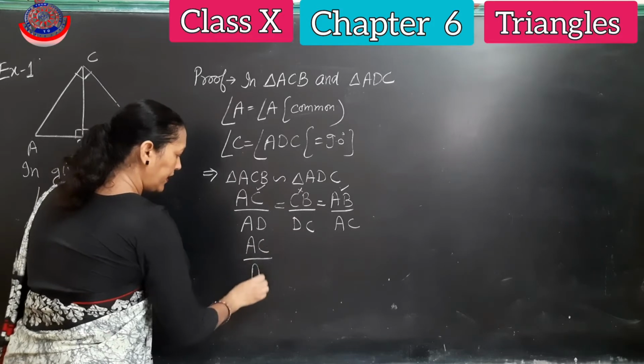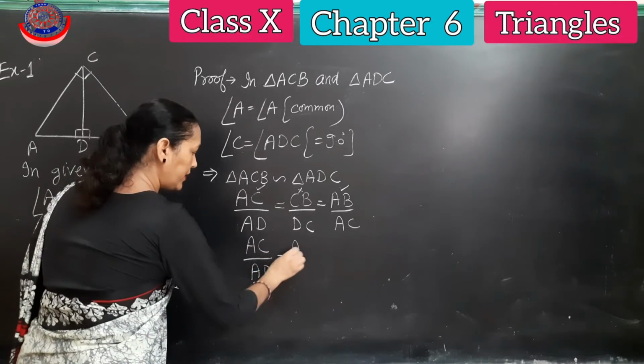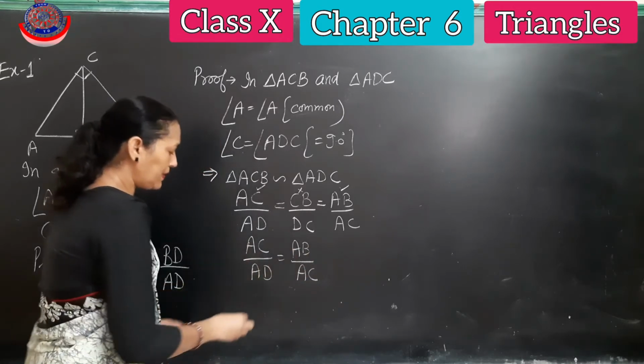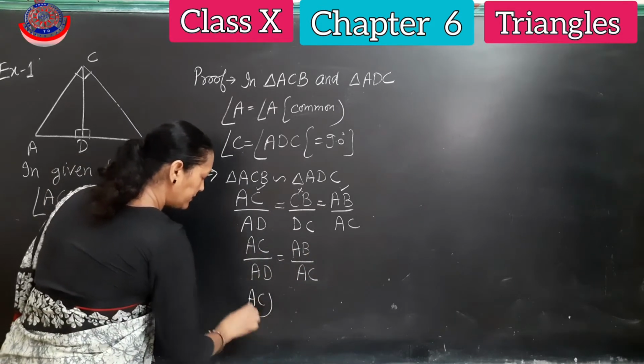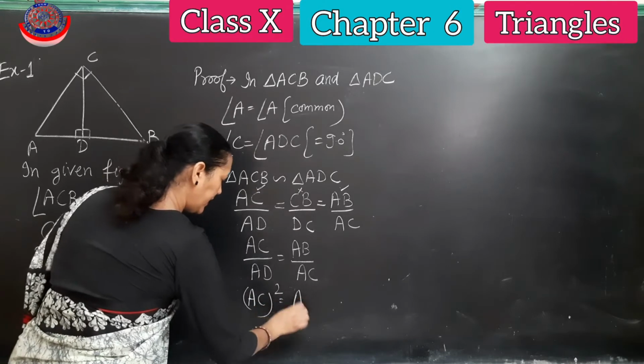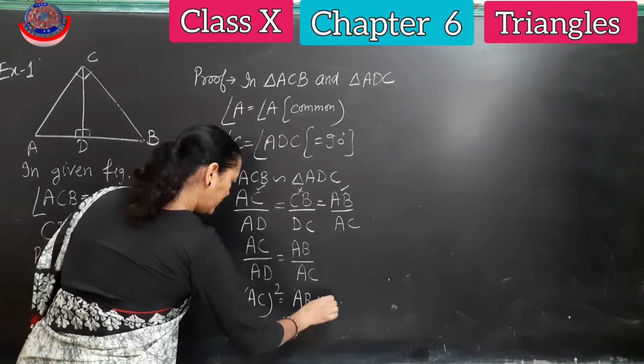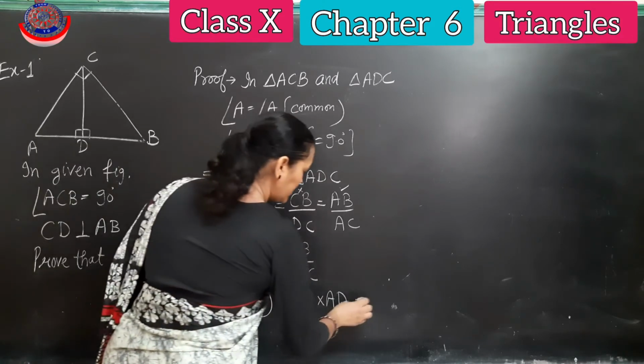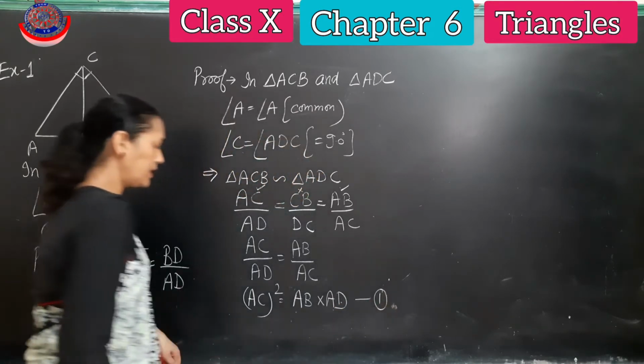AC upon AD is equal to AB upon AC. Cross multiplying, we will get AC square is equal to AB into AD. So let it be first equation.